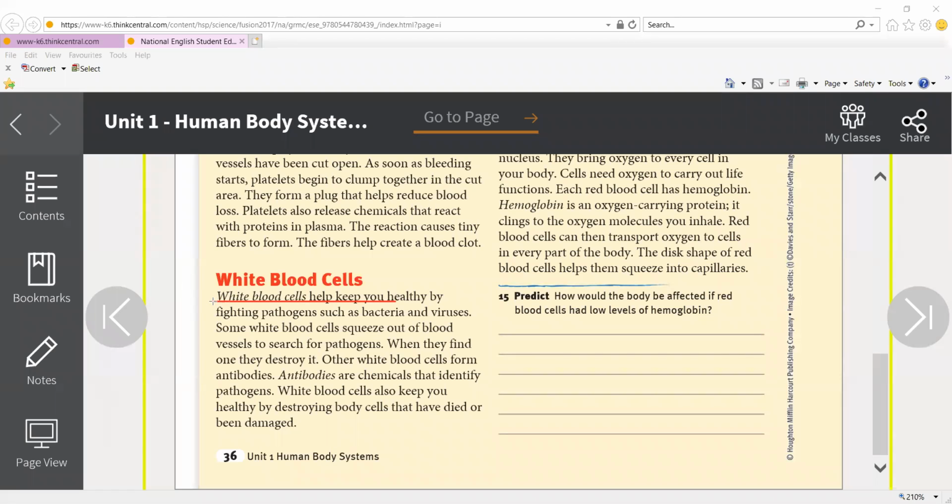White blood cells help keep you healthy by fighting pathogens. It can be a virus, it can be bacteria. And some of the blood cells form antibodies. They are chemicals that identify the pathogen, which kind of bacteria or which kind of virus it is.